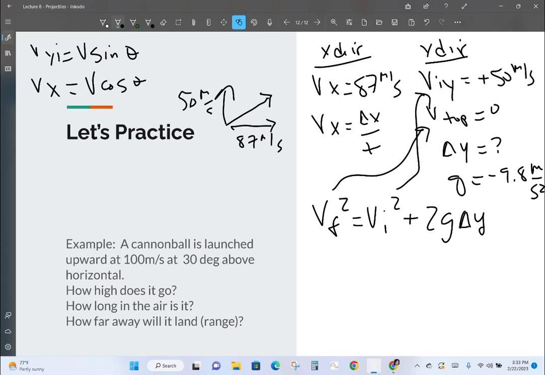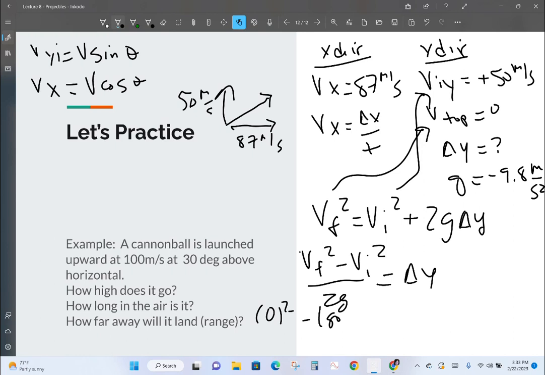So remember that Vf is going to be 0 and Viy is 50. We never want to use the 87 or the 100 in this equation, which is the most common mistake made. I'm going to subtract Vi squared from both sides, so it'll be Vf squared minus Vi squared. Then I'm going to divide both sides by 2g. And that's going to give me my delta y. So I put all my numbers in here. It's going to be 0 squared minus 50 meters per second squared, all over 2 times gravity, which is negative 19.6 meters per second squared.